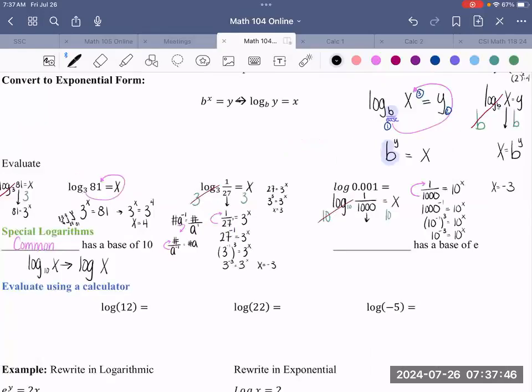We're going to get some more practice here, or I'll show you a couple of examples at the very least on how to practice this very rule. Now, with special logarithms, common logs have a base of 10. There's another logarithm out there that has a base of e. This one is called natural logarithm.